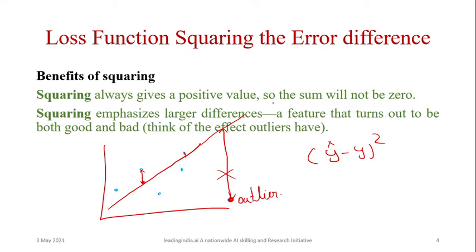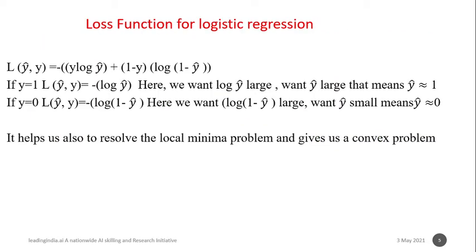So this is how you can deal with linear values. Now suppose you have logistic regression, meaning you have values of either 1 or 0. In that case, you use the log loss. Now let's understand how this log loss helps us find the correct value.